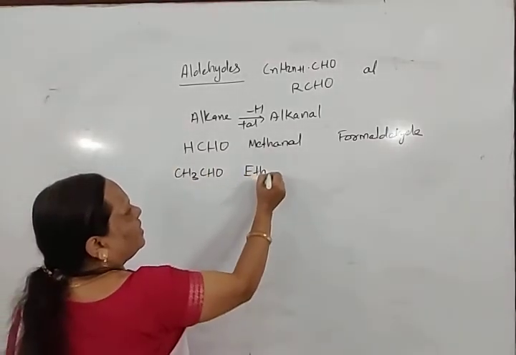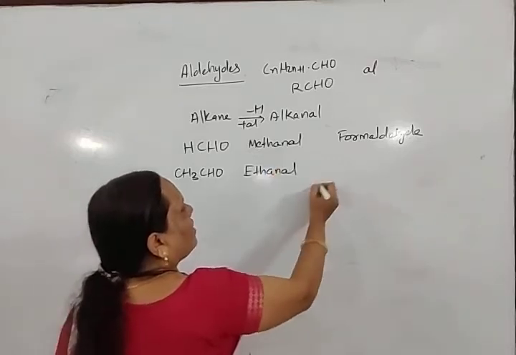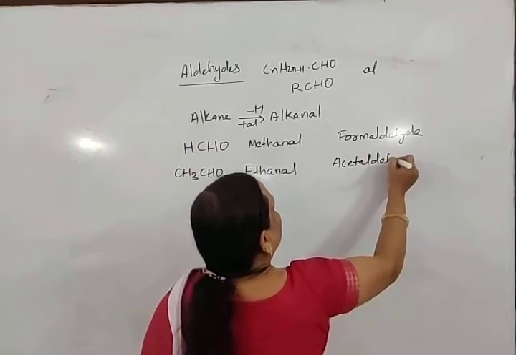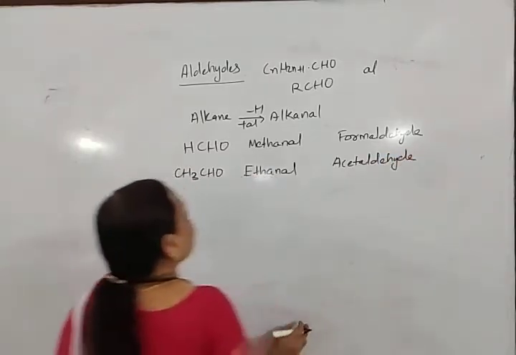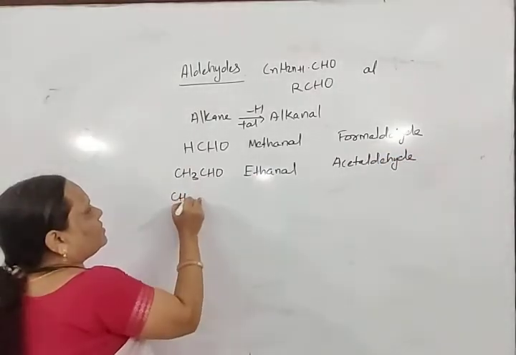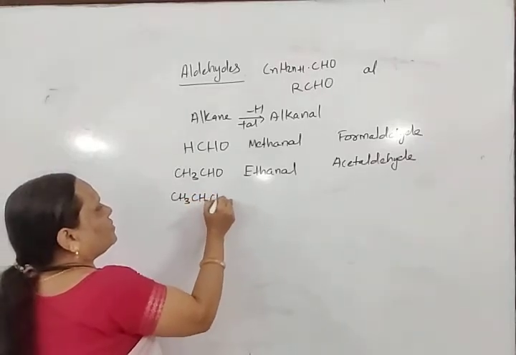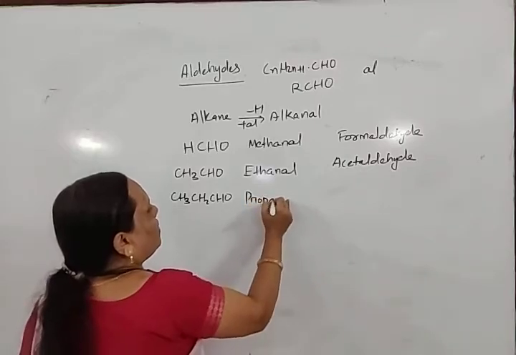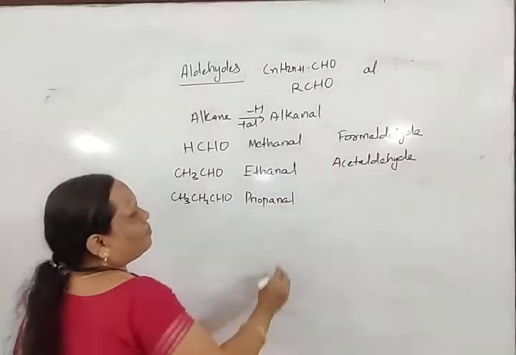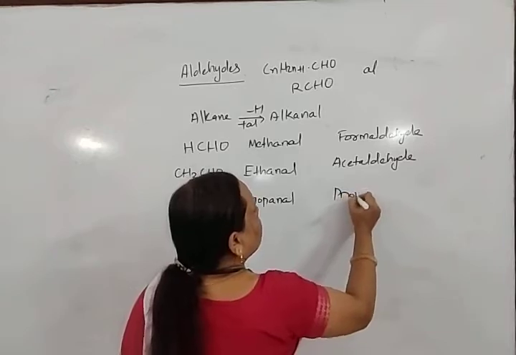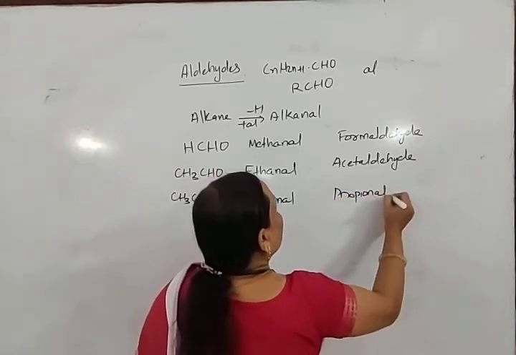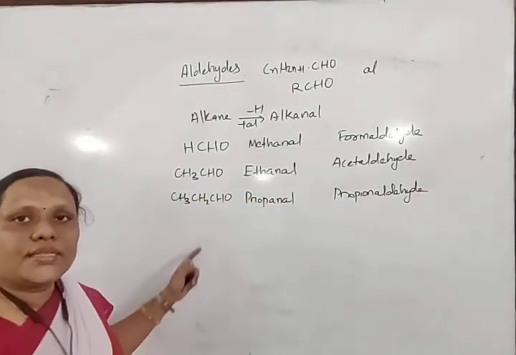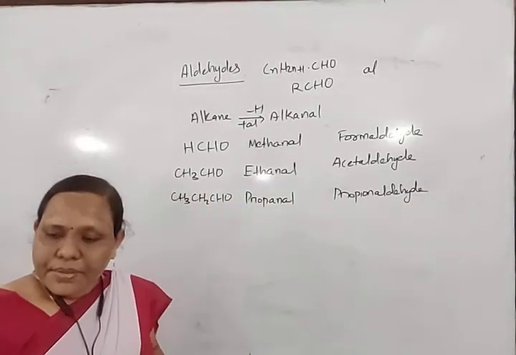The word root is ethanal, known as acetaldehyde. Similarly, CH3CH2CHO, three carbons are there. Propanal, known as propionaldehyde. In this way, these compounds are named.